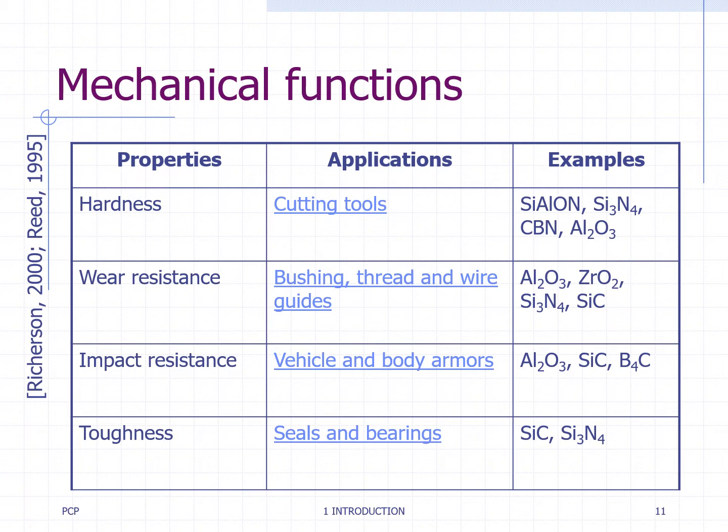The impact resistance allied to a low density is the key parameter for vehicle and body armors, which include materials such as alumina, silicon carbide, and boron carbide. Finally, many ceramic parts are used as seals and bearings, which need to be hard and tough, like silicon carbide and silicon nitride.